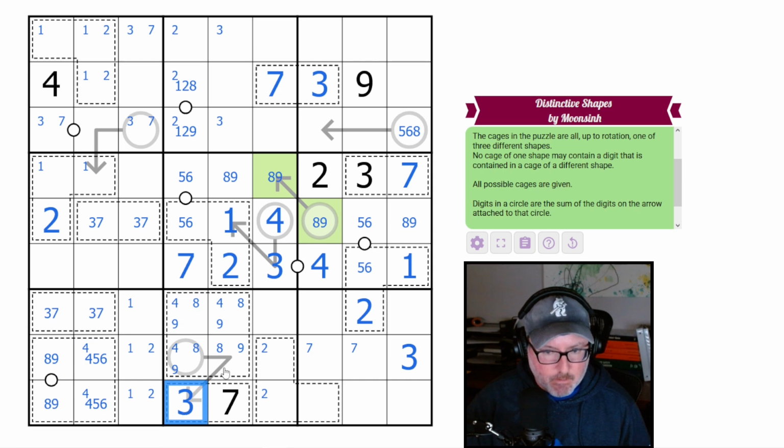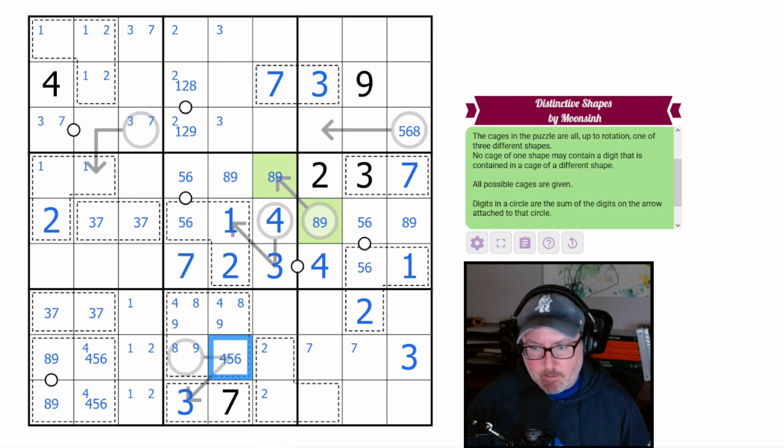If this is a 3, we can't go with 8 or 9, obviously. It has to go with either the 4, 5, or the 6. Now, that forces this out of being a 4. In fact, this can't be 4 either. So we're looking at this being either 8 or 9. Therefore, this is not 8, 9. Get rid of those options.